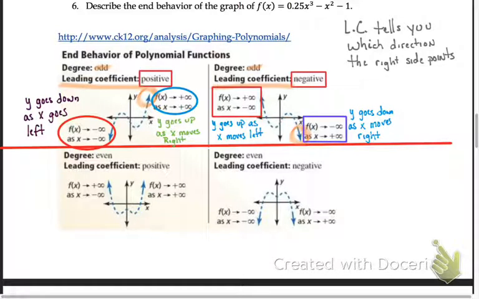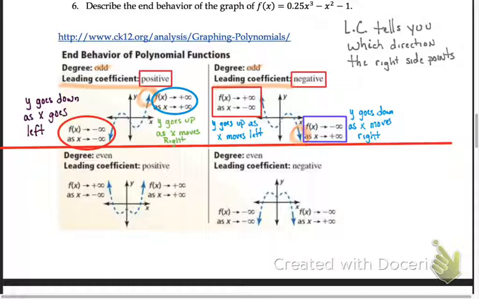Now, last thing before I end. What's the only thing that's really different about the even power? Yeah, they go the same direction. So no matter left or right, your lead coefficient is going to tell you, is it pointing up or is it pointing down? Everything else is the same. Notice that y is going down as x moves to the left.